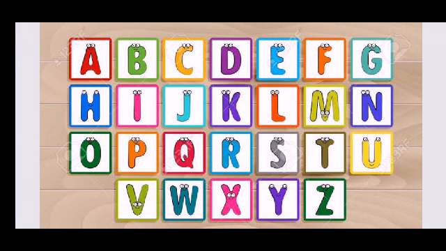Tell me children, what are these? Yes, English alphabets. How many English alphabets are there? Yes, 26. We can divide these 26 alphabets into two types.